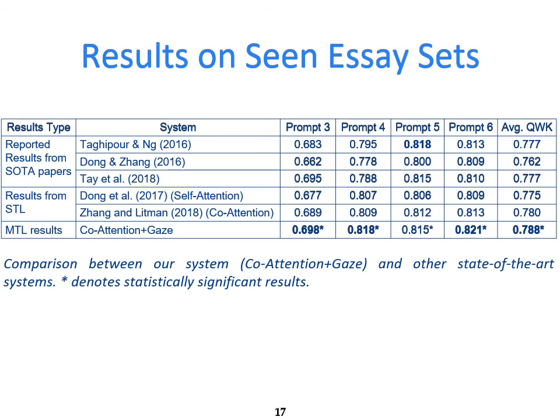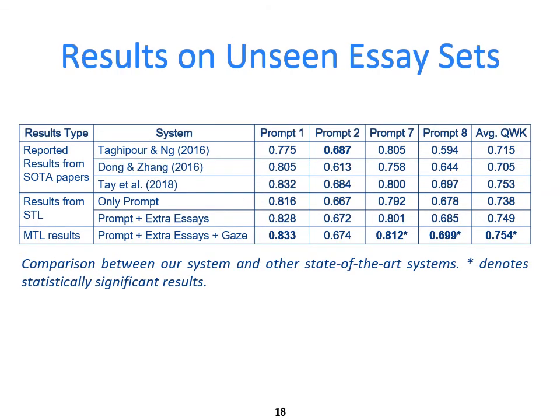These are the results of our systems compared with other state of the art systems on the seen essay sets. So here you see that we are achieving statistically significant improvements over the baseline co-attention system of Zhang and Littman. In the unseen essay sets, we also see statistically significant improvements over 2 out of the 4 prompts.